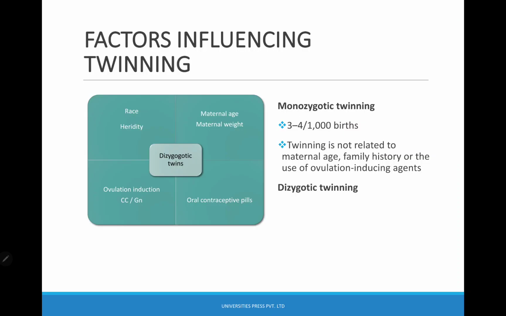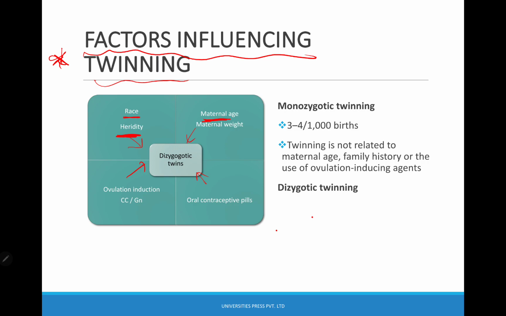So coming to the factors influencing twinning. There are many factors that influence twinning. These are the factors responsible for causing dizygotic twins. First is race, then heredity, which cannot be changed.